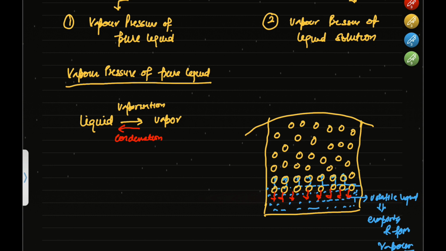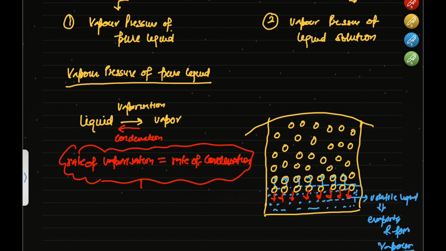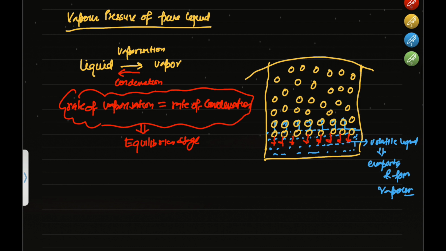At the stage when the rate of vaporization is equal to the rate of condensation, this stage is called the equilibrium stage.